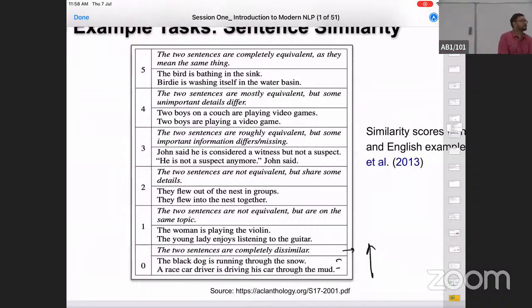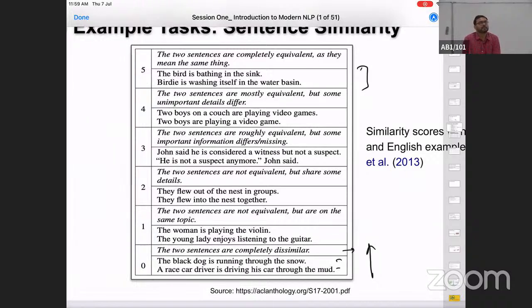The two sentences at the bottom are completely dissimilar. The first sentence is the black dog is running through the snow, and the second sentence is the race car driver is driving his car through the mud. Completely dissimilar sentences; there is no meaningful semantic similarity between them. Let us read the first two sentences. The bird is bathing in the sink.